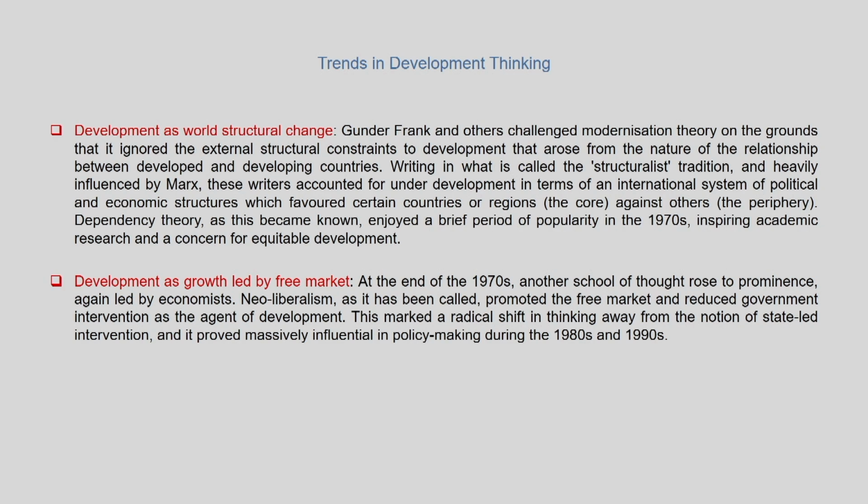These economists, the neoliberals, promoted free market and called for reduced government interference, and they considered the role of free market and reduced government intervention as one of the most important agents of development. And this strain of development thought marked a radical shift in thinking away from the notion of state-led intervention, and it proved massively influential in policy making during the 1980s and the 1990s.